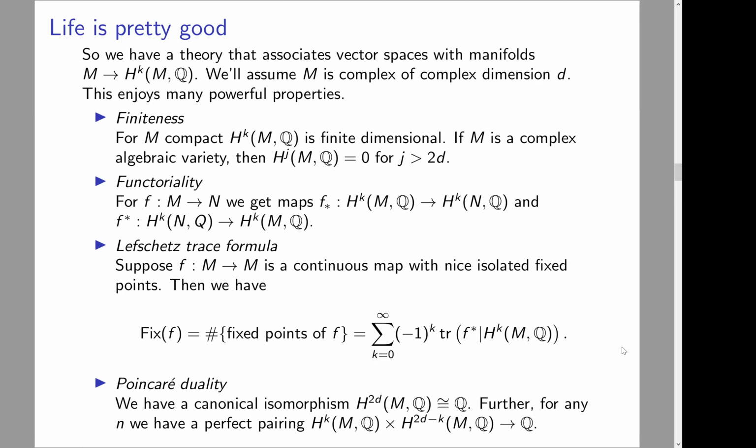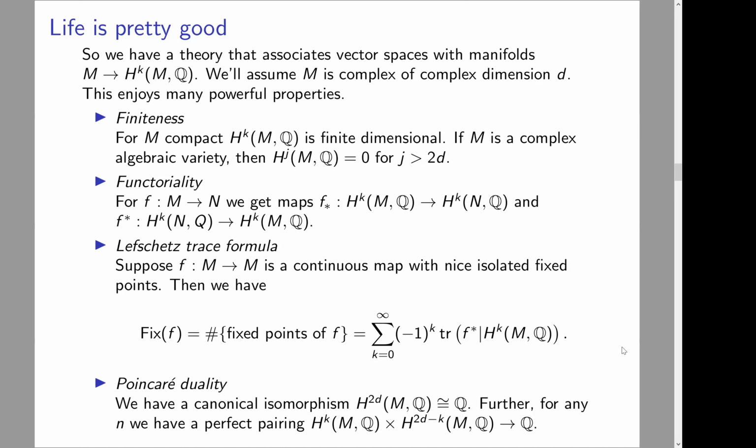Maybe I make another comment. Please. I want to say something. I don't know if it's actually true, but let's say it and then see. I wanted to say that this third one, the Lefschetz trace formula, is a bit weird, because it really forces your vector space to be over a field of characteristic 0. Because you could imagine instead of looking at H^k(M, Q), you could look at H^k(M) with coefficients in a finite field.